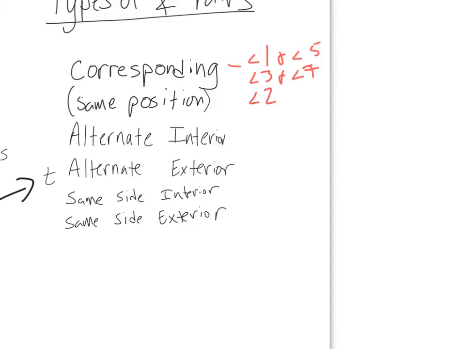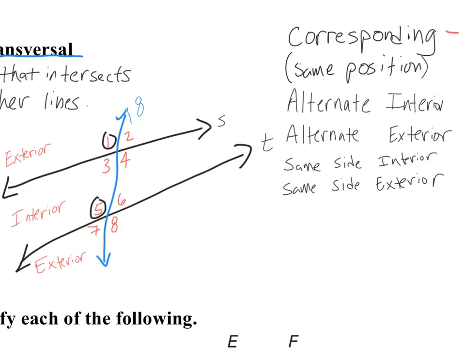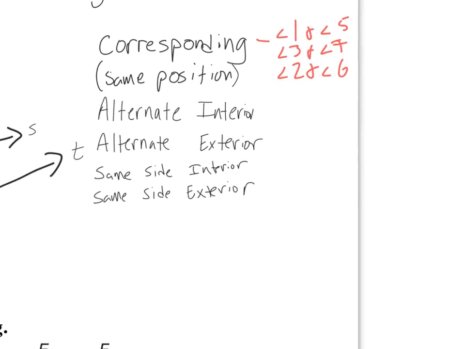So angle 2 and angle 6 are corresponding. I would then say that angle 8 and angle 4 are corresponding. Okay. So those are my only pairs of corresponding angles, so angle 4 and angle 8.